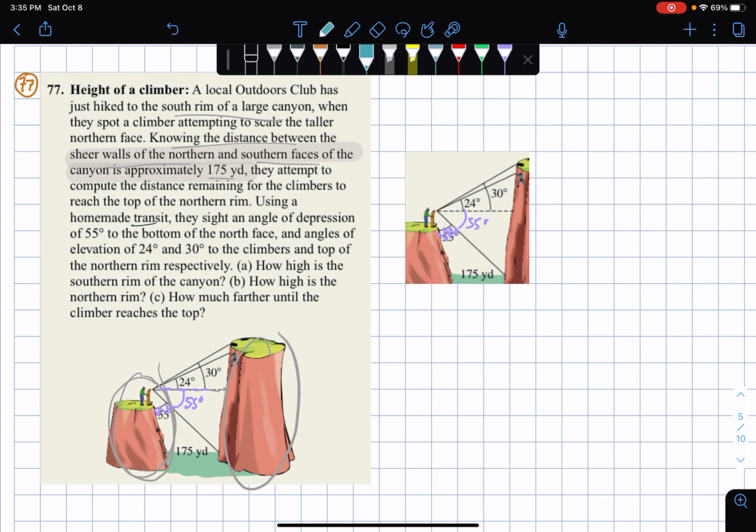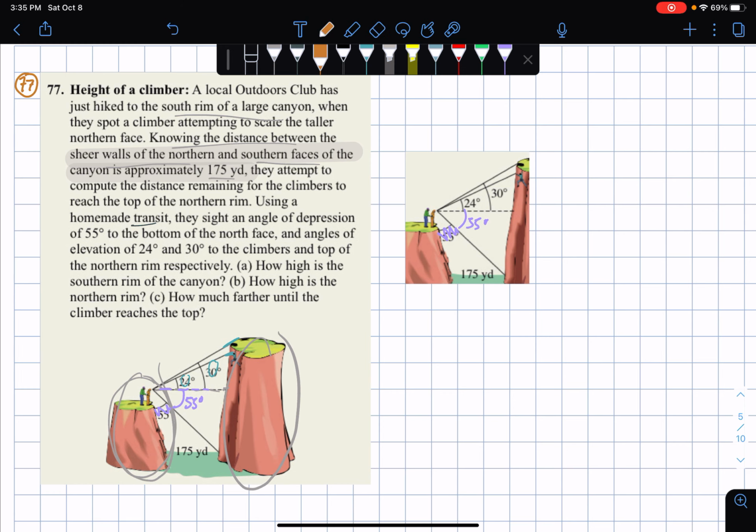So 30 degrees refers to the top of the northern rim, and 24 degrees refers to the location where the climbers are before reaching the top of the northern rim of the canyon.